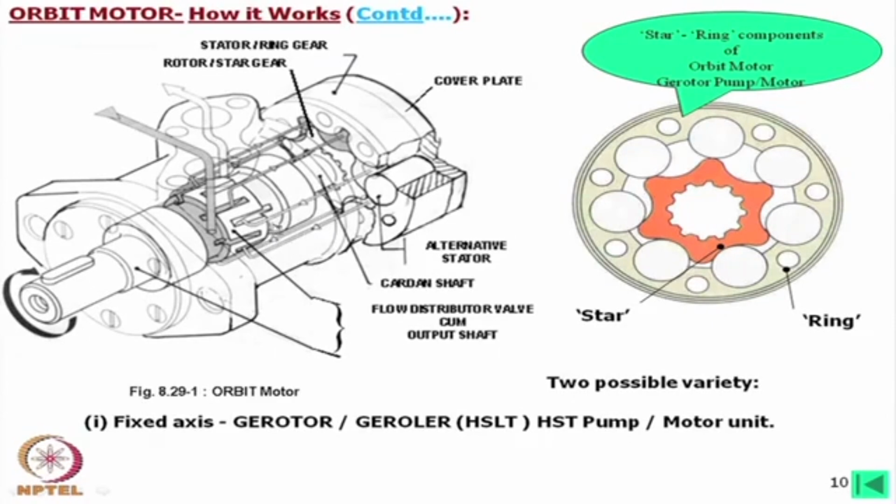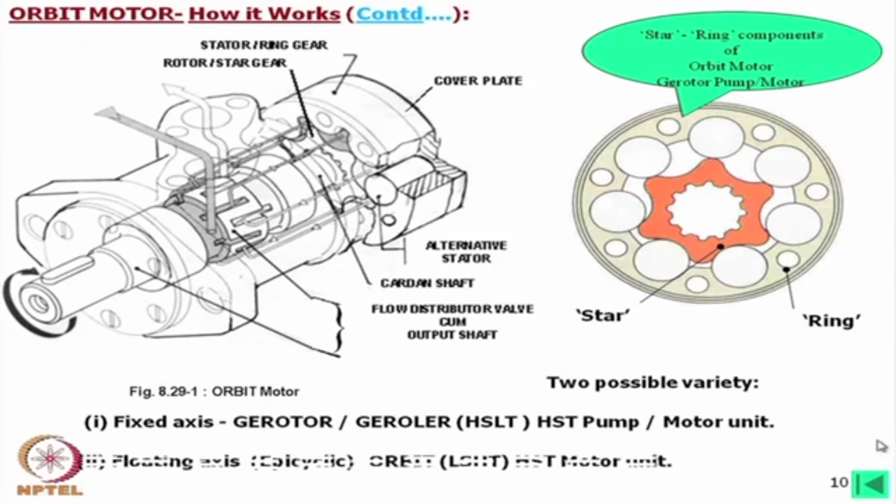So, usually this epicyclic motion version is always used as a motor. It can be used for pumping action in different applications. For example, when this unit is used as an orbital steering unit, its pumping action is also used there, but that is a different issue. In the normal case, it is always a motor.